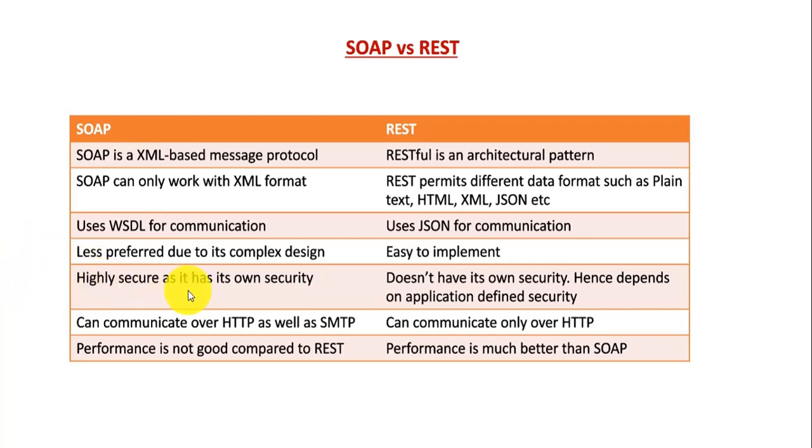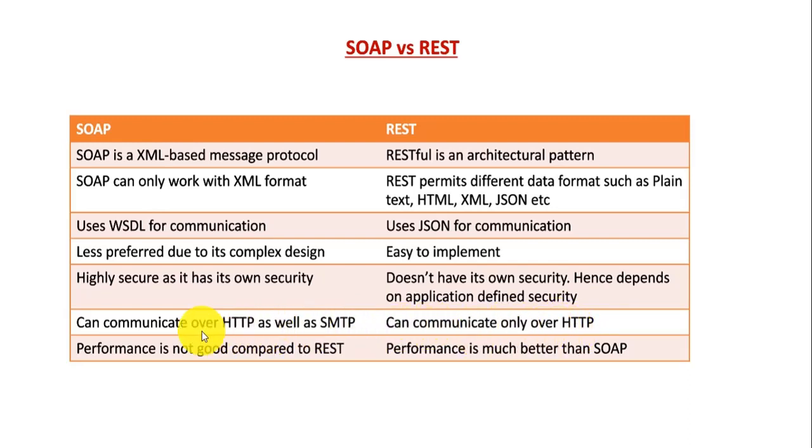SOAP is highly secure as it has its own security defined. Whereas REST doesn't have its own security, hence it depends on the application defined security. So it is less secure compared to SOAP. SOAP can communicate over HTTP as well as SMTP. REST can communicate only over HTTP.